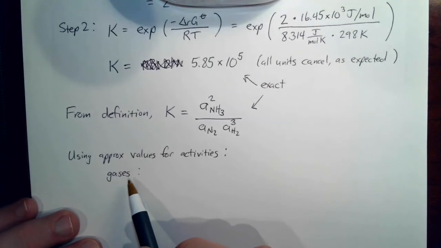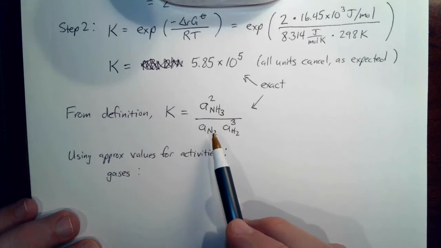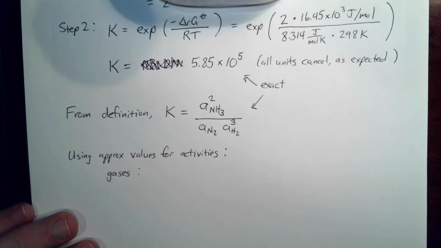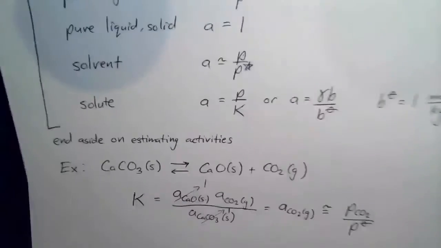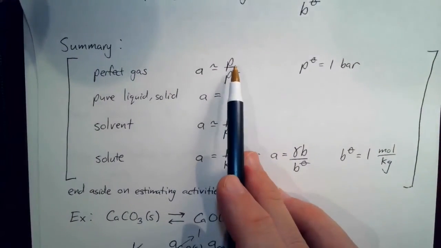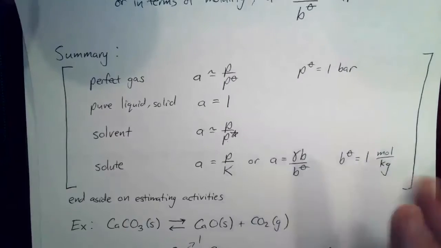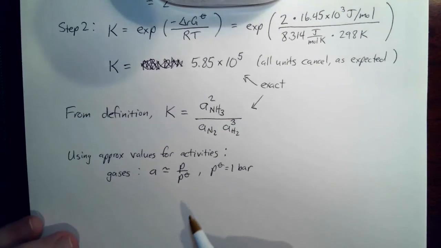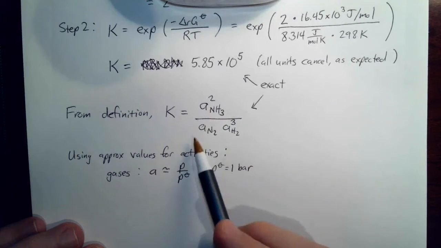So these are all gases. So we're going to use, looking back at the table where I summarized the different ways of estimating activities, for a gas, we can estimate it as P, the partial pressure of the gas, over 1 bar. So let's insert that formula for all of these activities here.